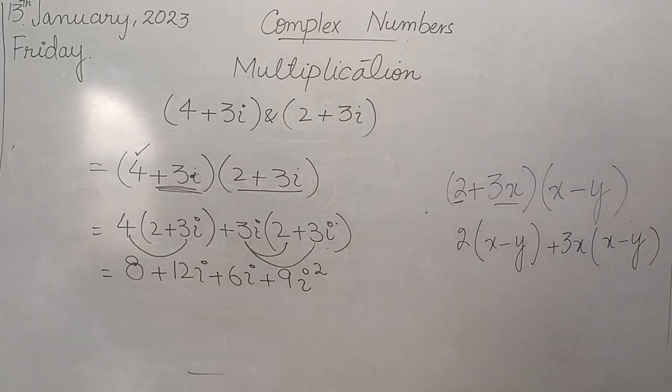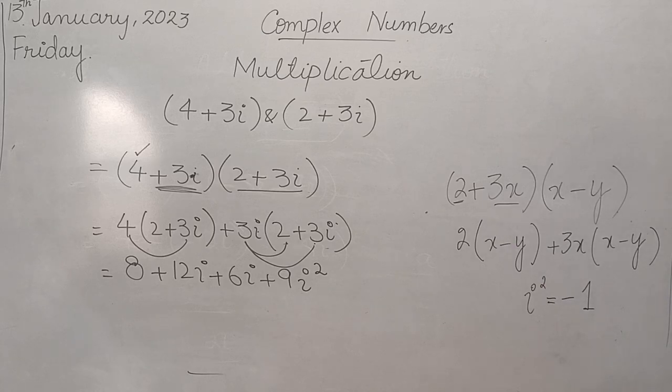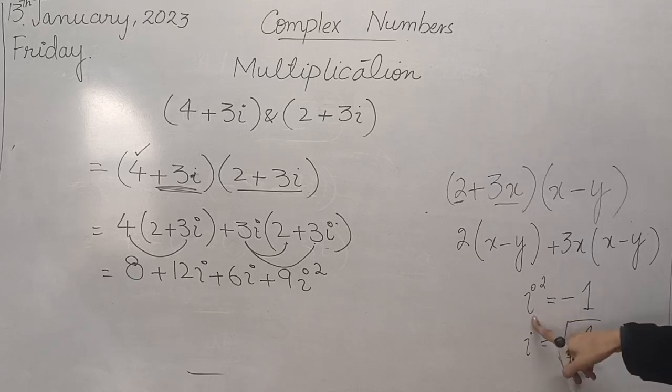Do you remember what is the value of iota square? Iota square is equal to, good. Vanya is saying iota square is equal to minus 1. Good. The value of iota is the square root of minus 1. After taking the square on both sides, we get iota square equal to minus 1.